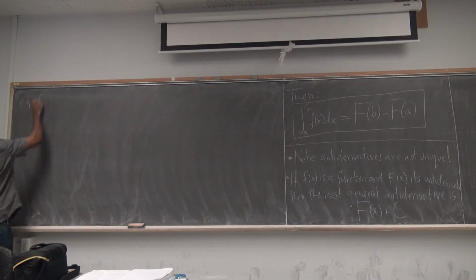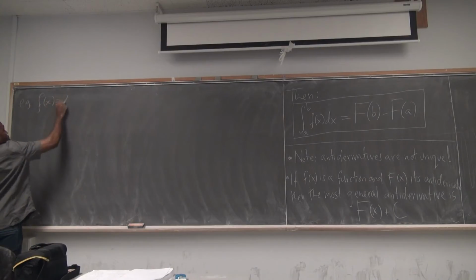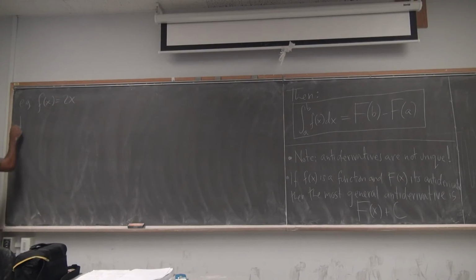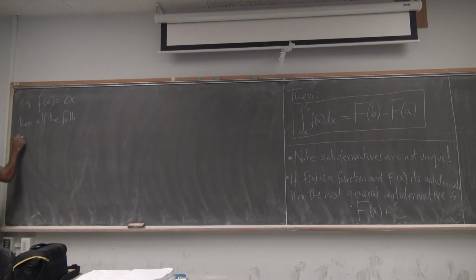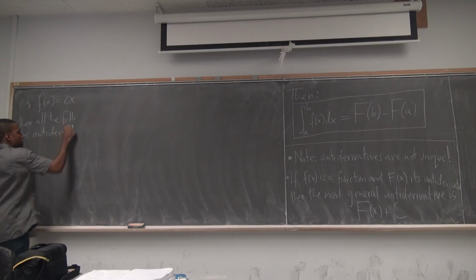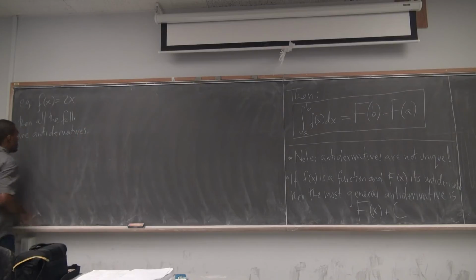So for example, if I say f of x equals 2x, then all the following are antiderivatives. For example, I can take big F of x equals x squared.